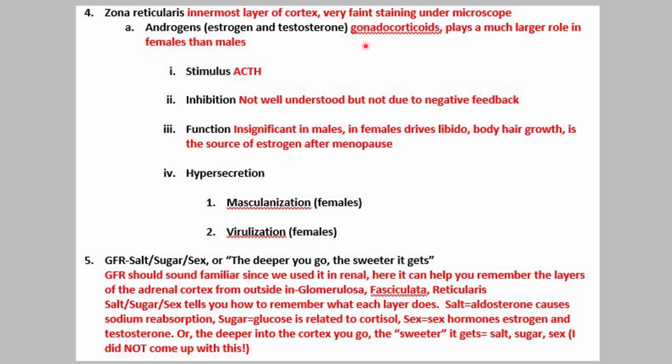Here, this happens in both males and females. This is where estrogen in males comes from. This is where testosterone in females comes from. This is also very important for post-menopausal women because this is where their estrogen comes from once their ovaries stop producing it.